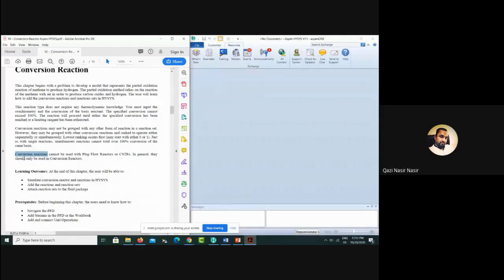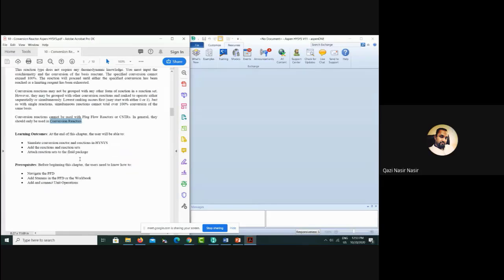So make sure whenever you are using a conversion reaction set, you must have a conversion reactor inside Aspen Hysys. If you're using a conversion reaction set but inside Aspen Hysys you are using a plug flow reactor or CSTR reactor, it will not work. So you need to use the proper reactor, which is called the conversion reactor.